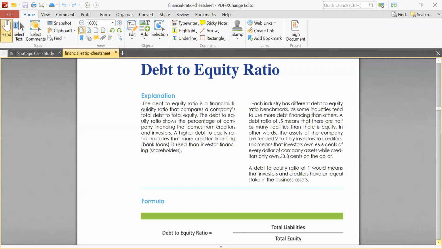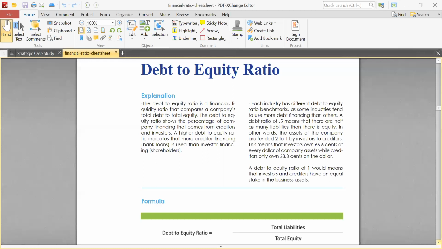So it means debt over equity. It's like the way you write your ratios, 3:4, which means 3/4. So the debt to equity ratio simply measures your total debt to your total equity.